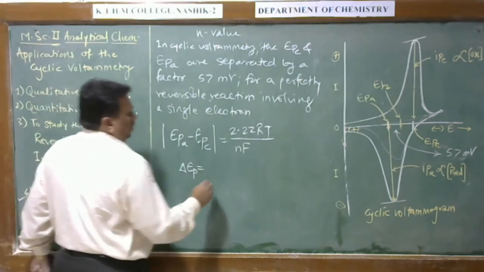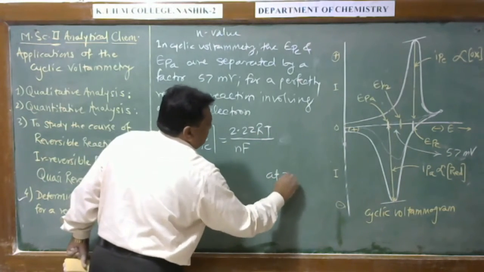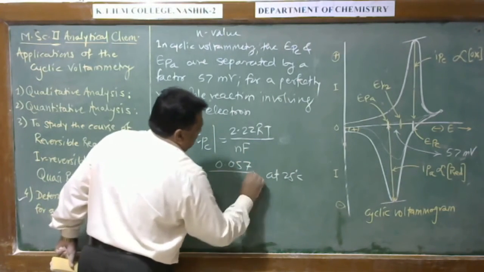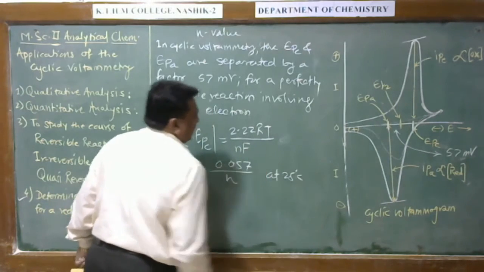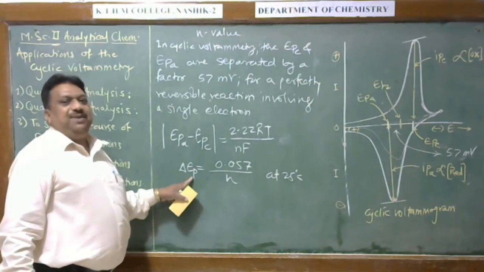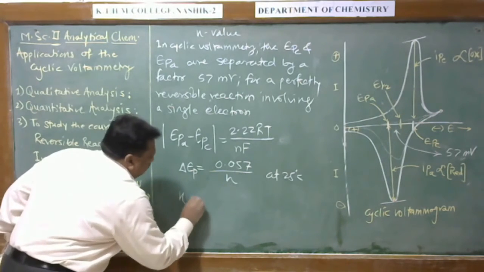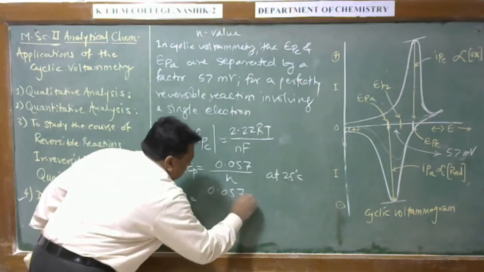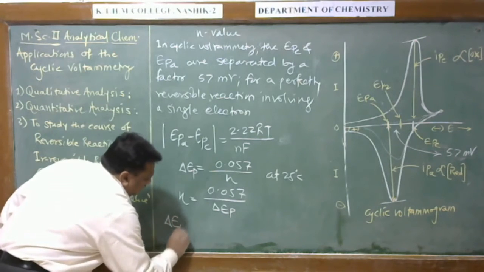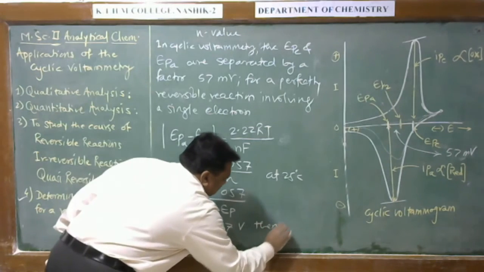Delta EP, when we find it at 25 degrees centigrade or 298 Kelvin, becomes 0.057 upon N. Therefore, the peak to peak separation gives us the value of N. N is equal to 0.057 upon delta EP. If delta EP is equal to 0.057 volt, then N is equal to 1.